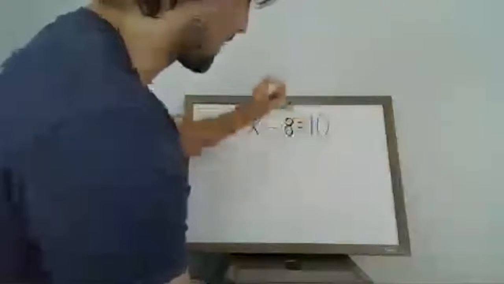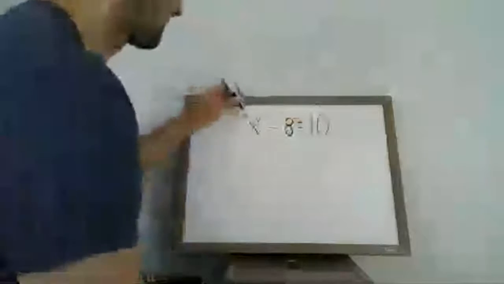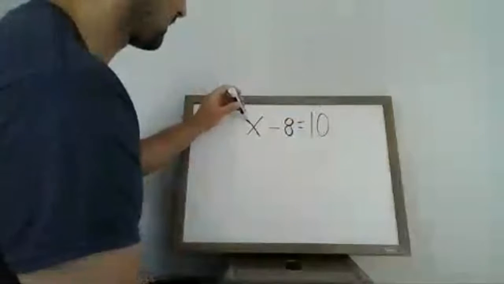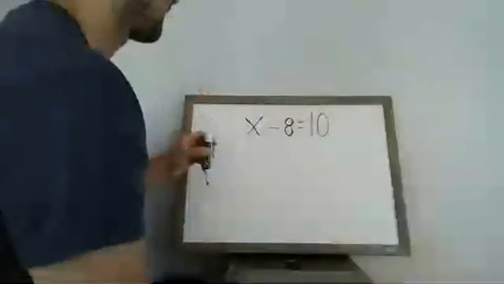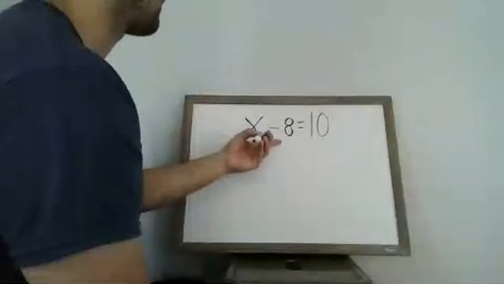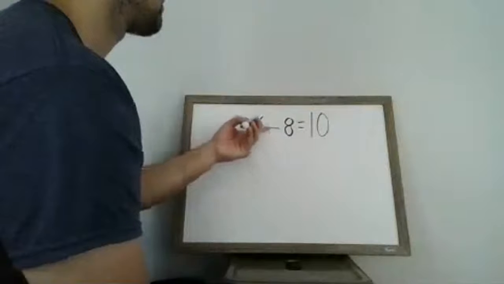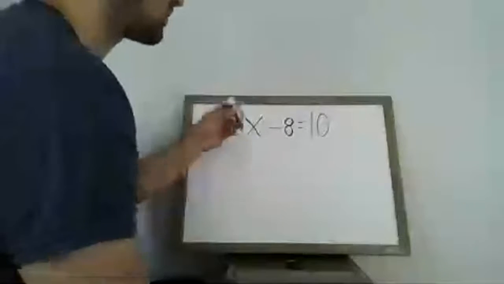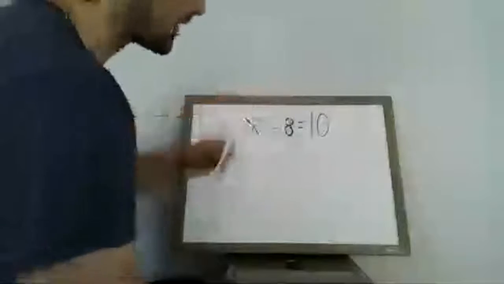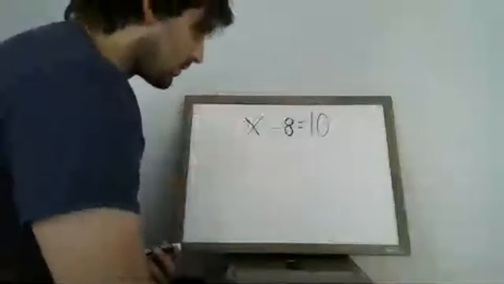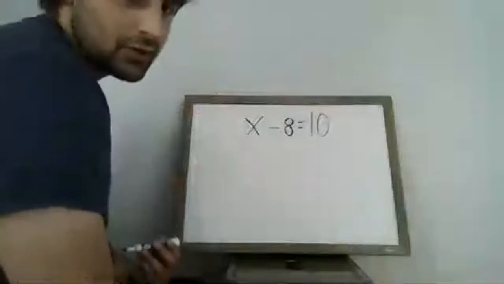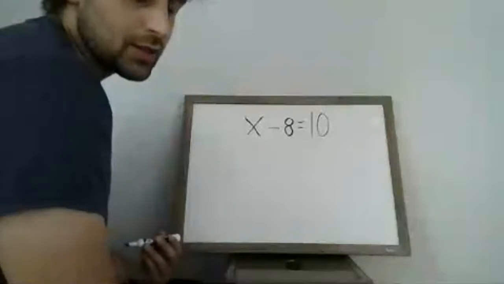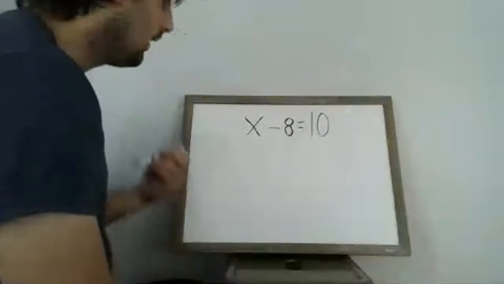X minus 8 equals 10. Now, again, the operation is subtraction, so in order to figure out what x is, we have to add 8 to the other side of the equal sign. We always do the opposite of whatever the operation is when we're working with algebra problems. So if the operation is addition, we subtract.